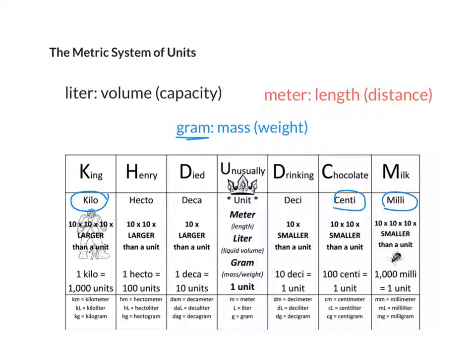Now, similarly, we could have kilometers, right? We could have centimeters. Have you guys ever heard of centimeters? Yeah. Or we could have millimeters. Okay. Similarly, we could have kiloliters. We could have regular liters.